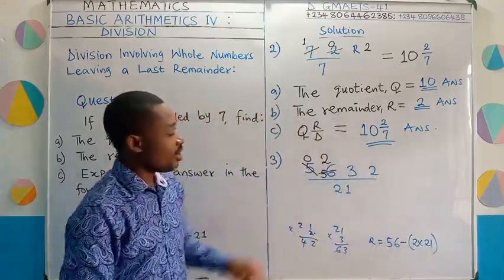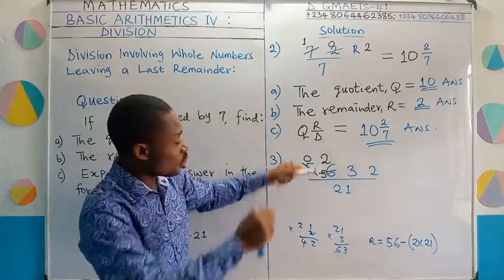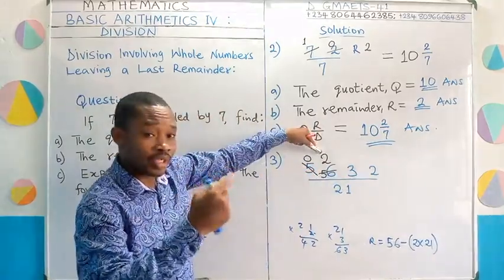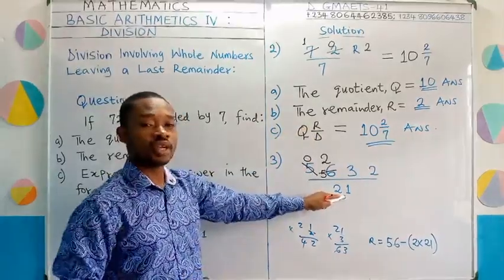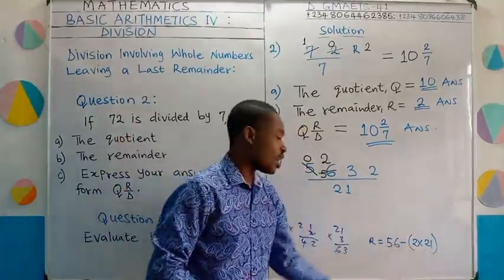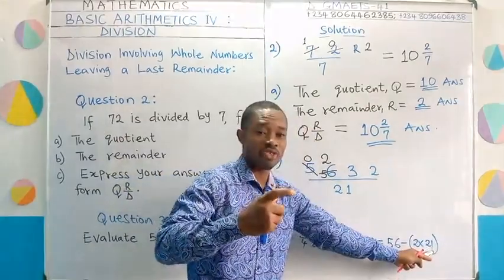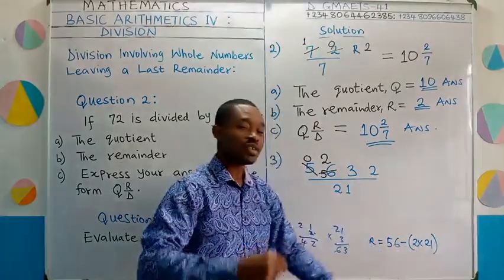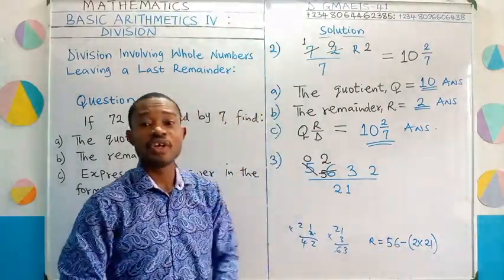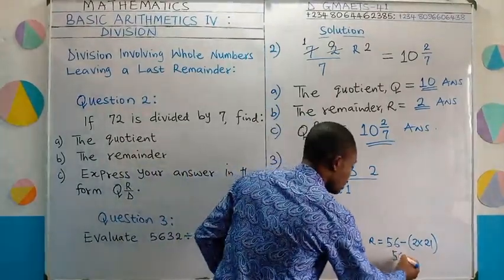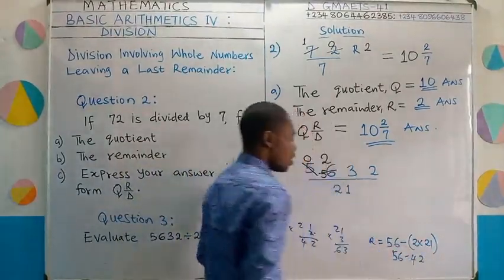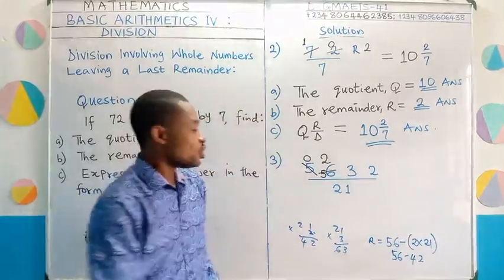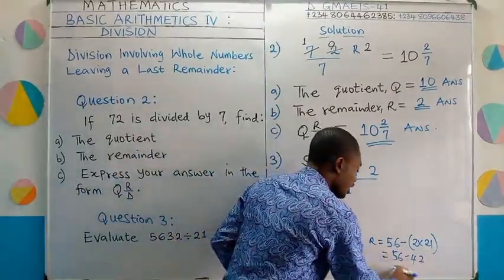So you see that, right? 56 minus open bracket 2, which is the whole number, the quotient, times the denominator you're using to divide. If you work this out, of course, 2 times 21, you finish with the bracket first. That is 42. 56 minus 42 will give you what? Of course, this will give you 14. So our remainder here is 14.